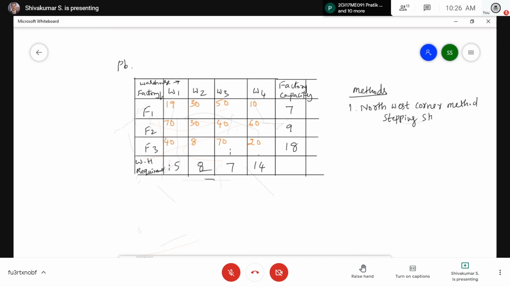The second one is the row minima method.